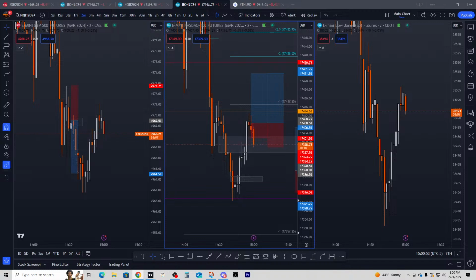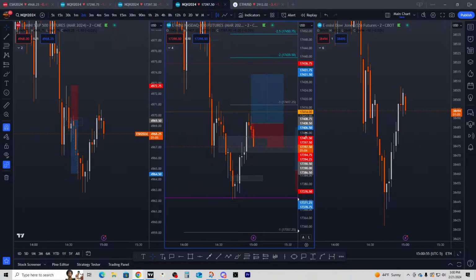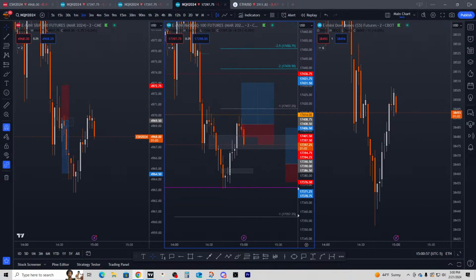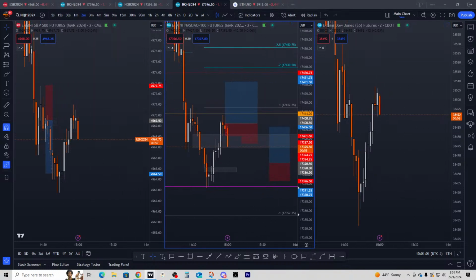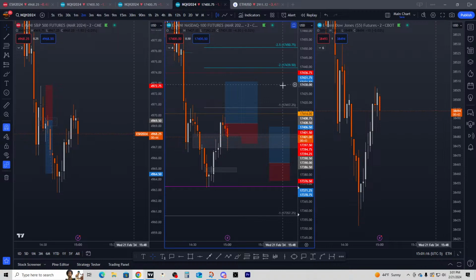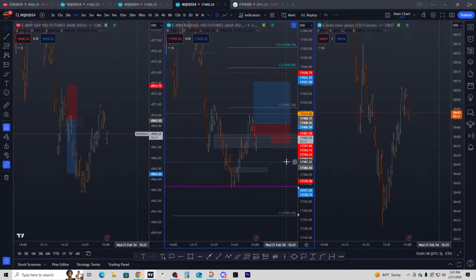So yeah, the break even's about to be hit here on the paper. Yeah, this ain't looking the best right now. We'll see what we continue to get.